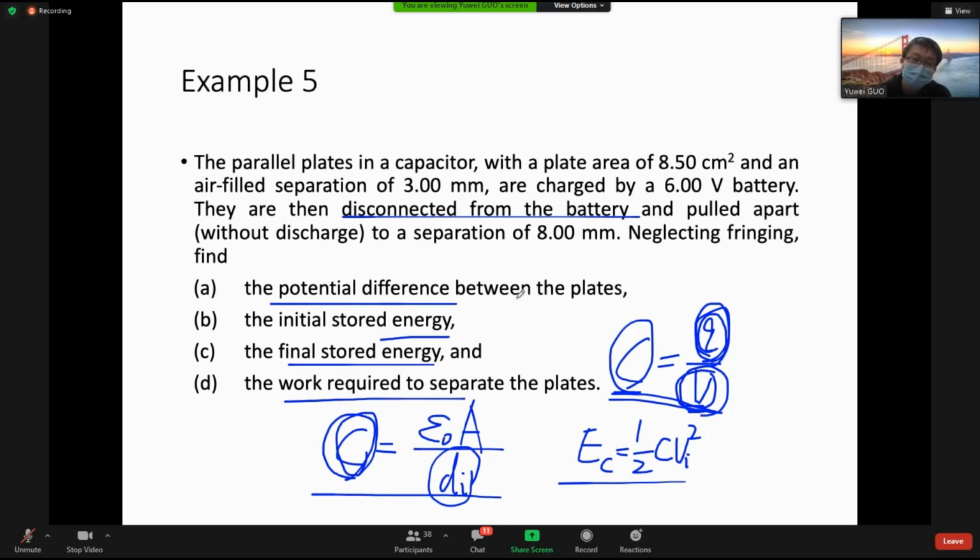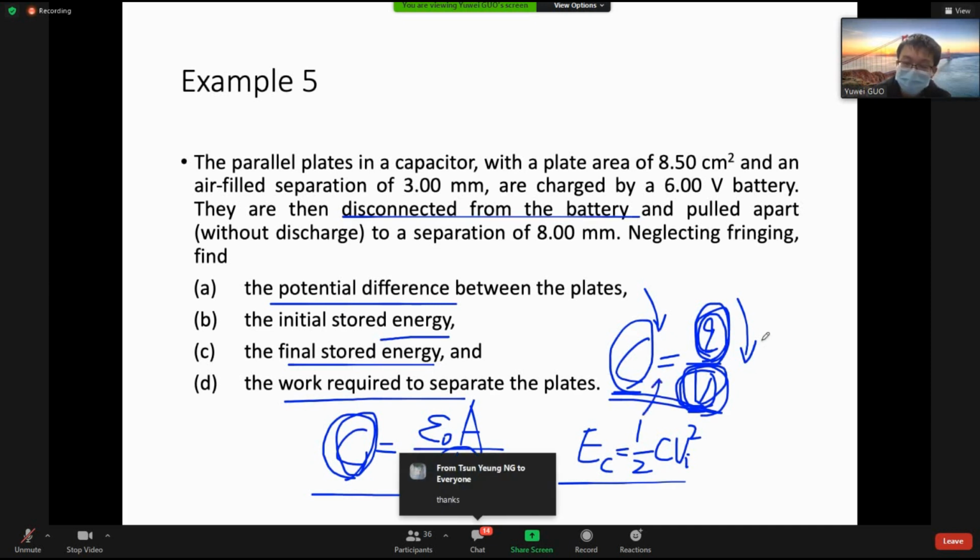If the battery is connected, the voltage should be the same. And if the capacitance decreased, the charge should decrease as well. If it's increased, the charge should be increased.